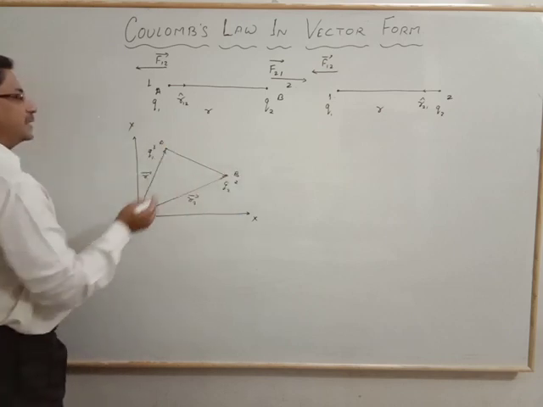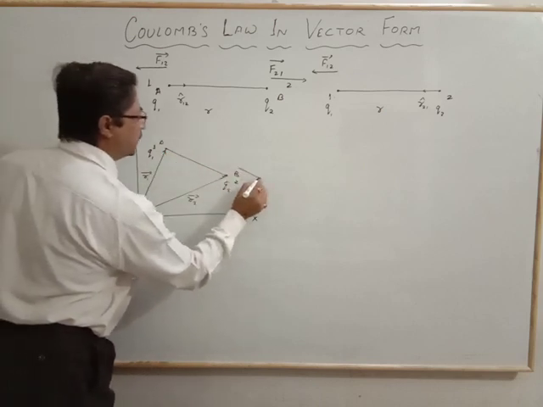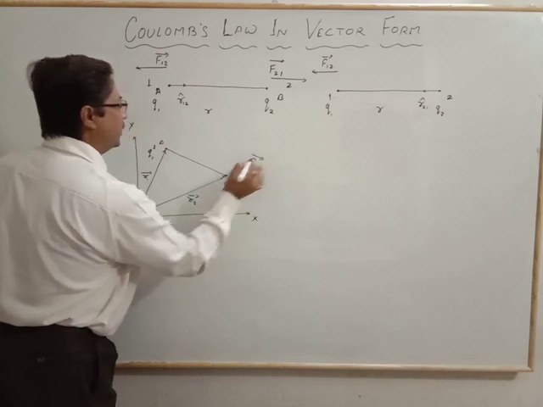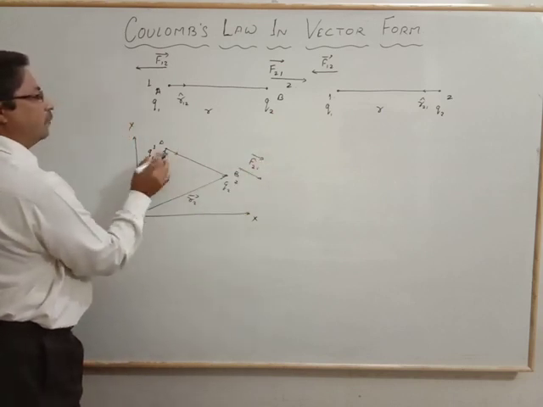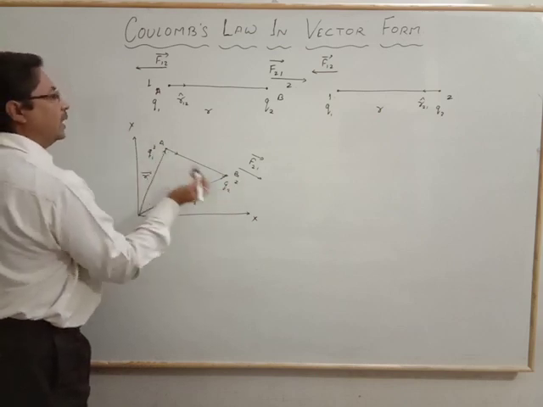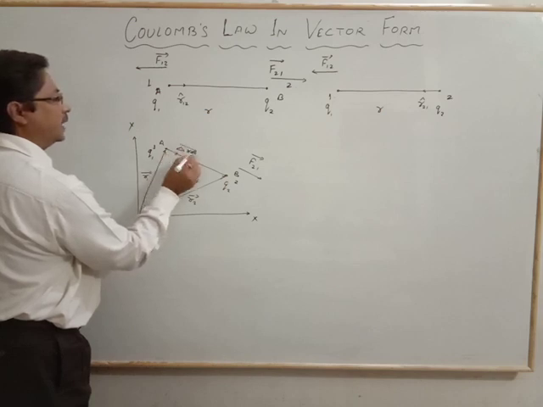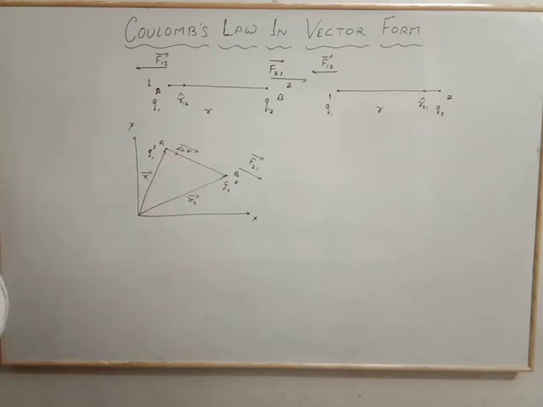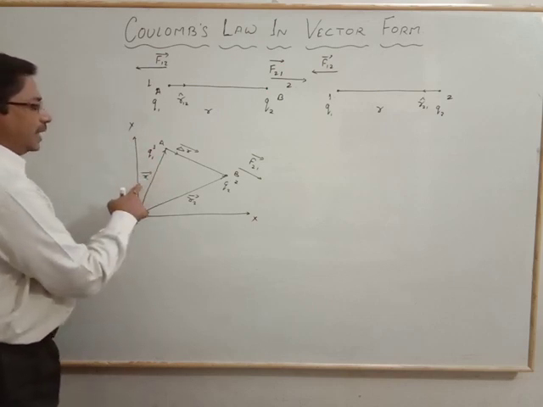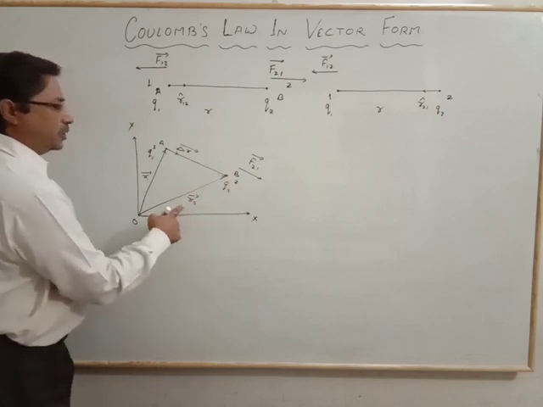We can write it as the AB vector, A to B vector, for the force acting F, here 2 to 1. In that case the force acts from A to B, or from 1 to 2. Let's suppose this is delta R, the vector from A to B. Now the position from O to A is the R1 position vector, and from O to B is the R2 position vector.